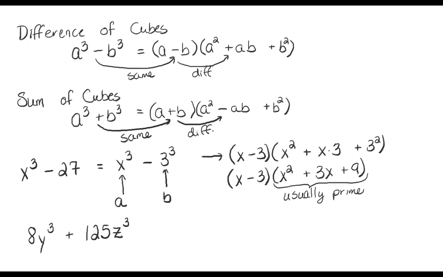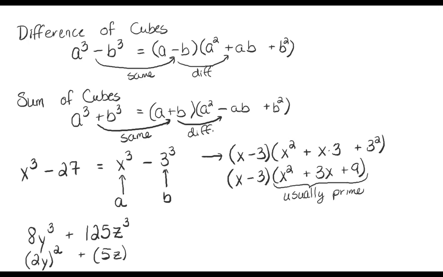So it's definitely a sum, and I'm thinking that it's perfect cubes because I'm seeing the 8, which is 2 times 2 times 2. So that's 2y cubed. And I'm seeing 125, which is 5 cubed.